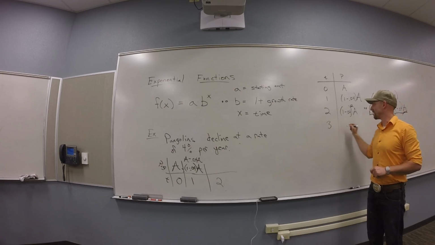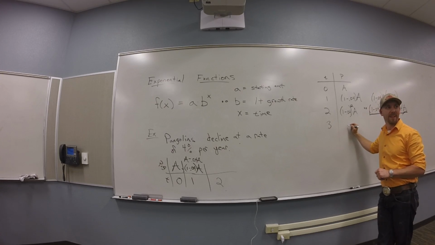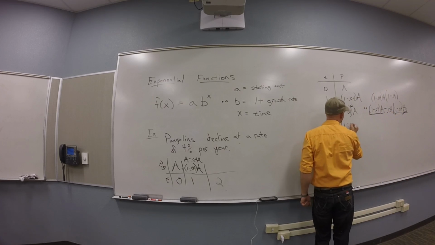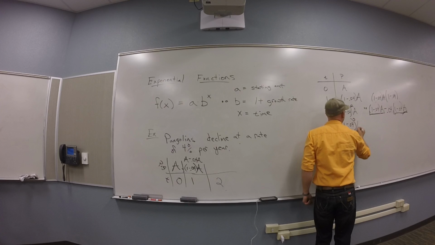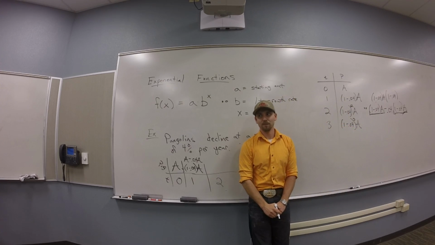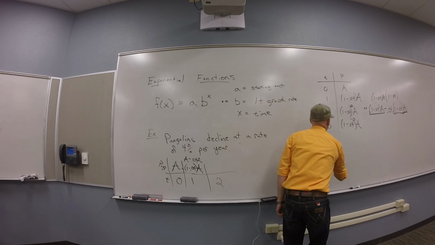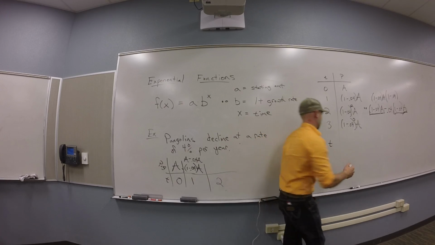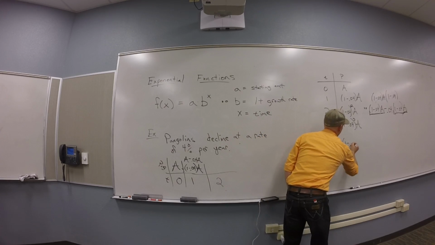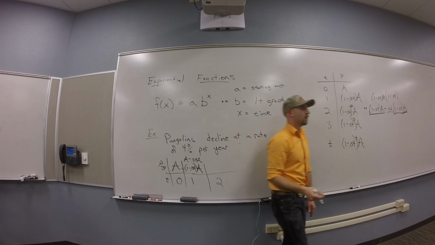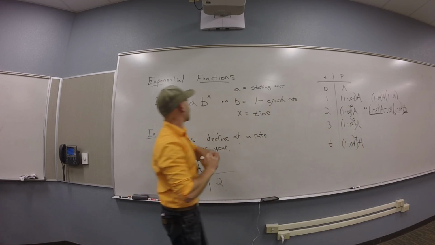Okay, what am I going to have at time 3? Probably 1 minus 0.04 cubed. Good, excellent pattern recognition. So you're going to get 1 minus 0.04 cubed times the amount you started with. And so at time t, 1 minus 0.04 to the t times A. So that's why I'm starting with these guys.